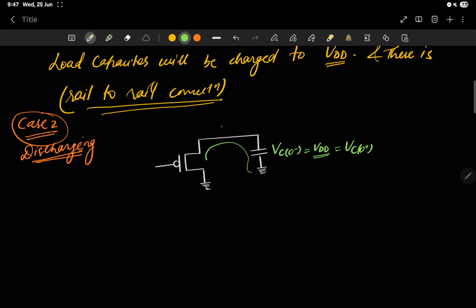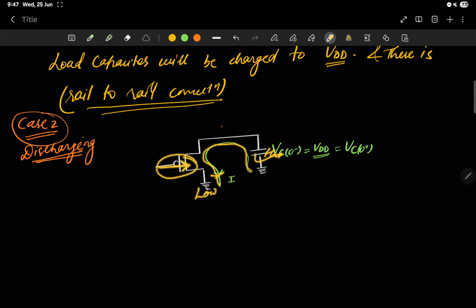A current will start flowing like this, and my capacitor will start discharging when we provide a path, that is, when this PMOS is on. Then current will flow from the capacitor, as it is charged. This is the higher potential, this is the lower potential, and current flows from high potential to low potential. The only condition is that my PMOS should be on.